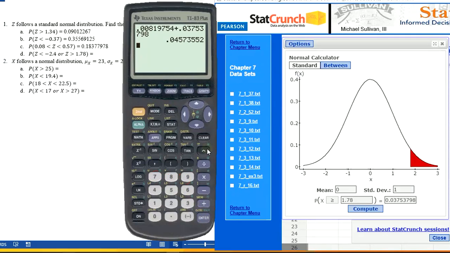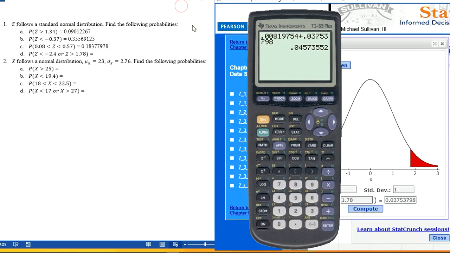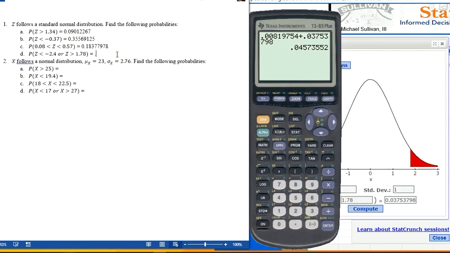That will work. So you can get your answer, 0.0457352. This will work.